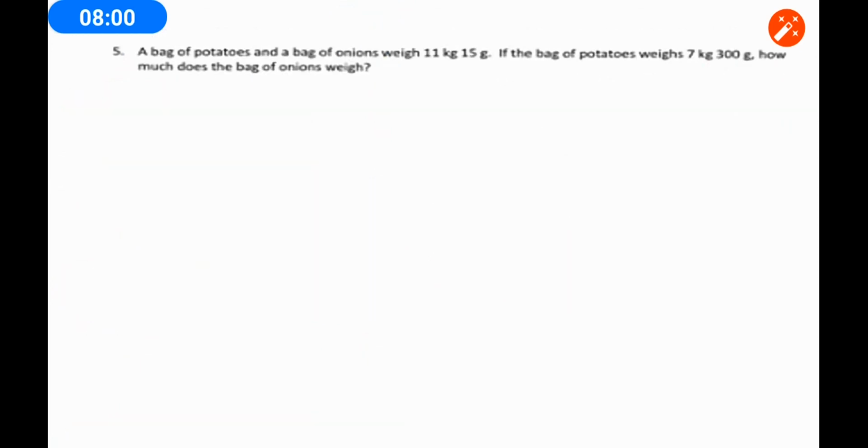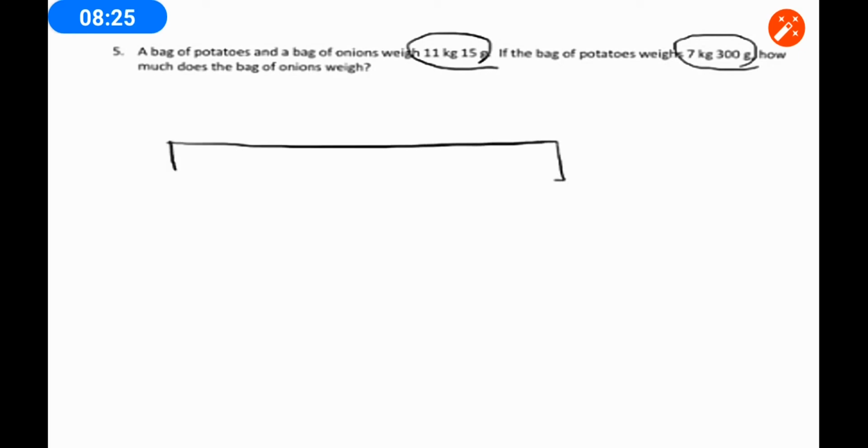Now let's take a look at this. A bag of potatoes and a bag of onions combined weigh 11 kilograms, 15 grams. If the bag of potatoes weighs 7 kilograms, 300 grams, how much does the bag of onions weigh? We're going to be using a tape diagram.